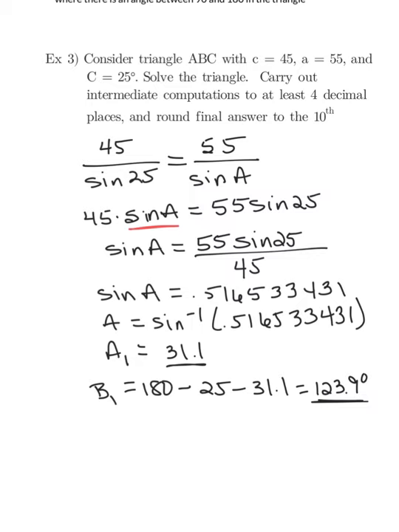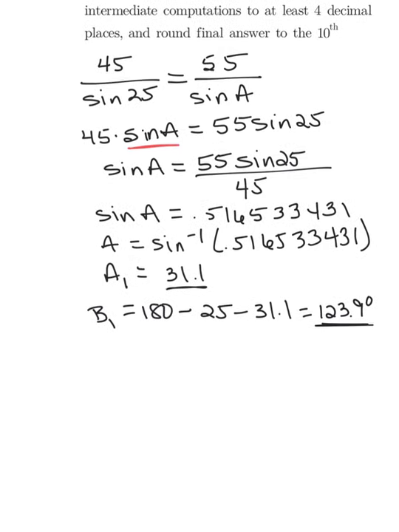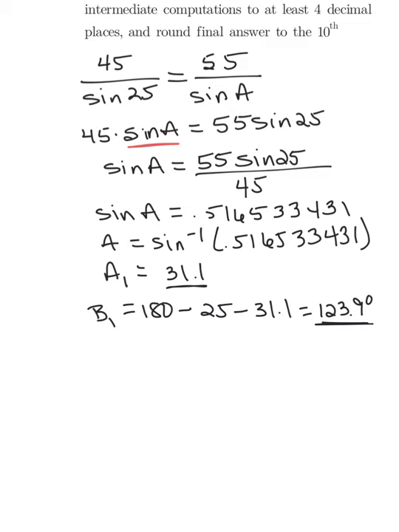So now we do know all three angles. We were already given two sides, so what we don't know as yet is side B. We can do the law of sines now to find side B because we know angle B. So we are going back to our given pair of 45 over the sine of 25 equals side B, the last thing we need to find for triangle 1.